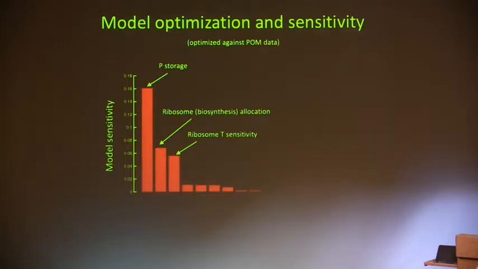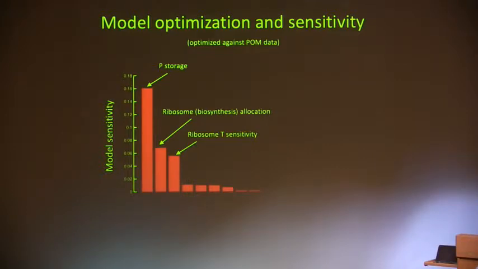And what we find is that the model and the C to P ratio of phytoplankton is particularly sensitive to how we parameterize P storage. This was also a conclusion from the Daines et al. paper, so there seems to be some consistency in that.